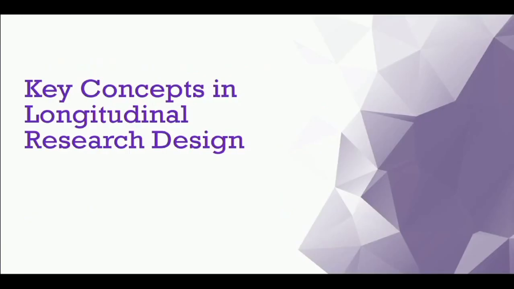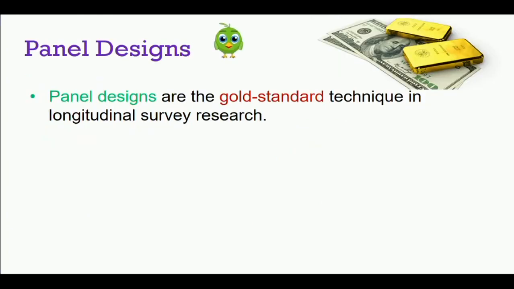So we're going to go through some key concepts now. One thing is the panel design. Now, panel designs are the gold standard technique in longitudinal research. Do you all understand what that metaphor means, gold standard? It's the best, most reliable, most accurate way of conducting the study.